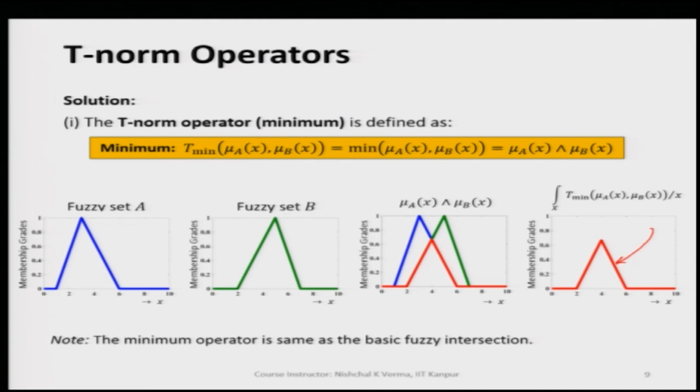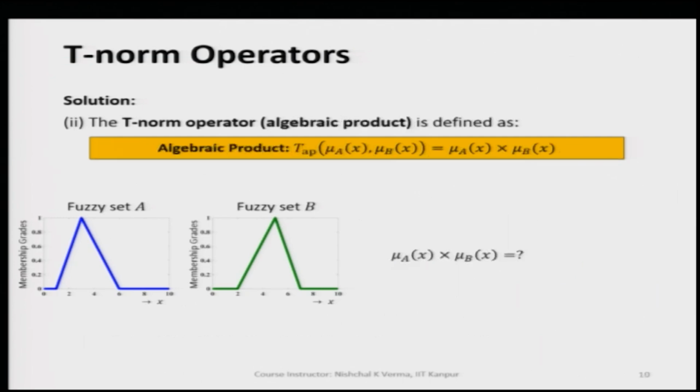Now, on the same fuzzy sets, let us see what happens when we use the algebraic product.